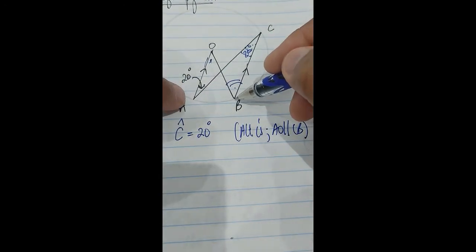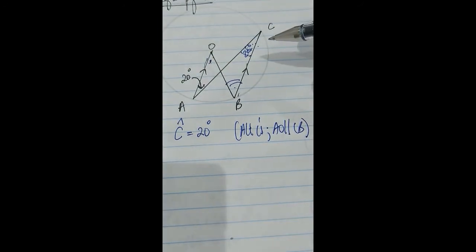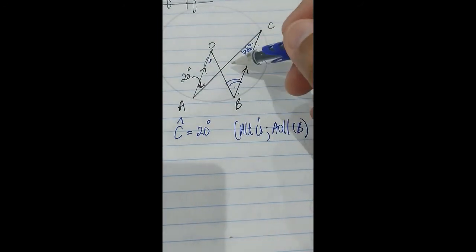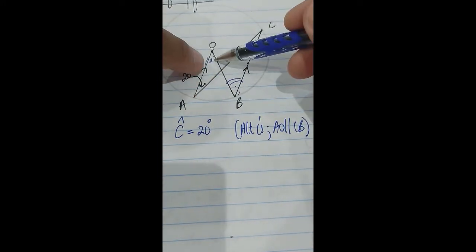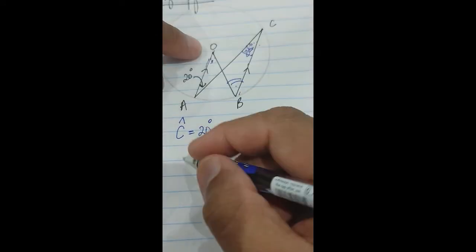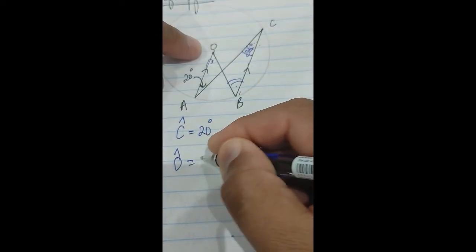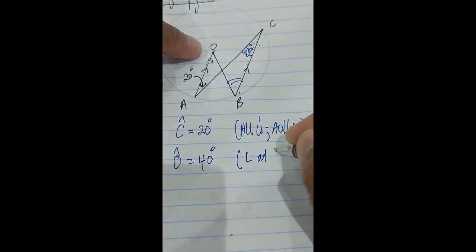Now, angle at center is twice angle at circumference. I'm sketching a lot on this diagram here. But as you can see, angle at center is twice angle at circumference. So in other words, AOB, or angle O, is equal to 40 degrees. Angle at center.